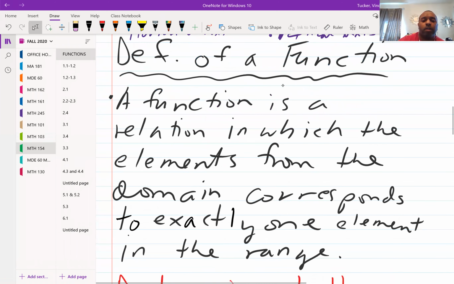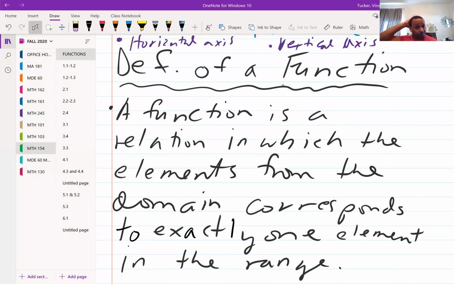All right. So, definition of a function. A function is a relation in which the elements from the domain correspond to exactly one element in the range.